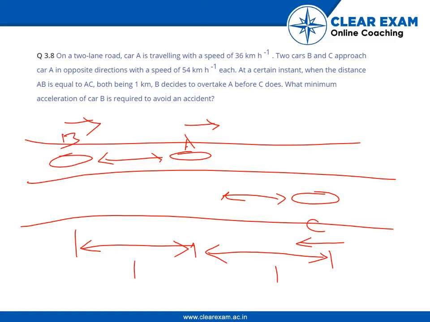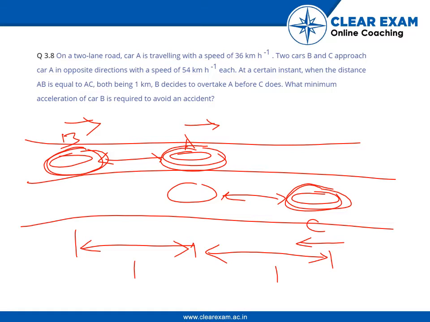And for one car to avoid that accident, it needs to get past this A. It could be either B or C. So B decides to overtake A before C comes here so that it can avoid the accident.